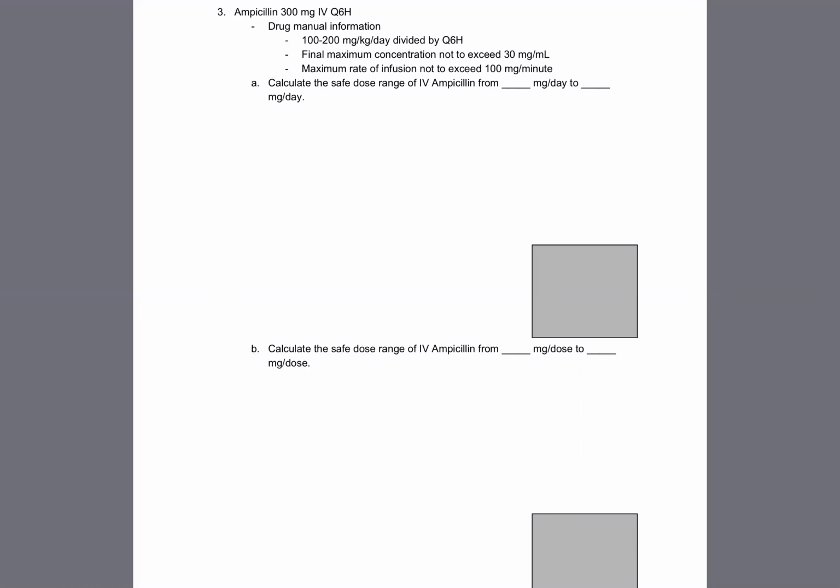So let's go ahead and make sure that we remember on the top of the page we circle 10.1 kilograms because that is Grace's weight. And the units that we want to end up with for this part A is milligrams per day. And the safe dose range means we're going to have a low end and a high end. So let's go ahead and start with the 100 milligrams.